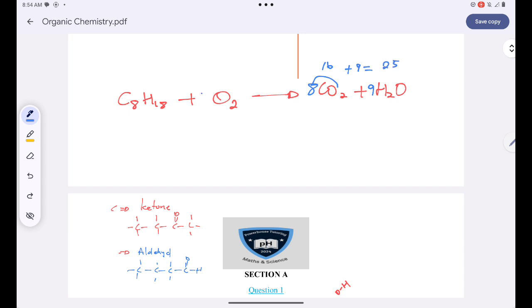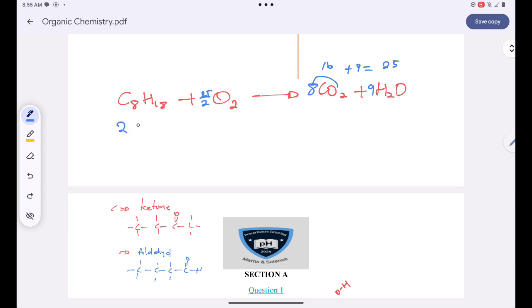So the stoichiometric coefficient of oxygen should always be a half of this number. Since a half of 25 will give us a fraction, we will simply write 25 over 2. For us to remove that denominator over there, just multiply each and every stoichiometric coefficient by 2.